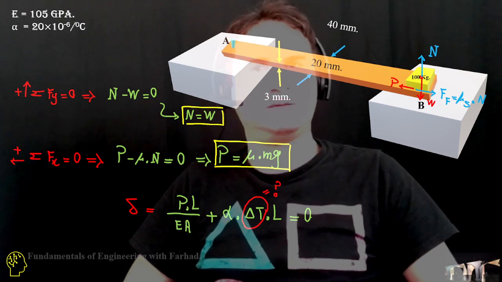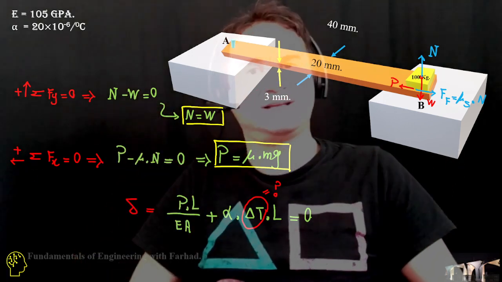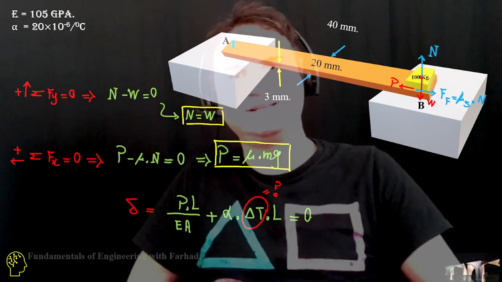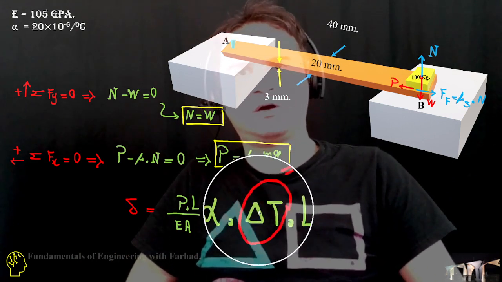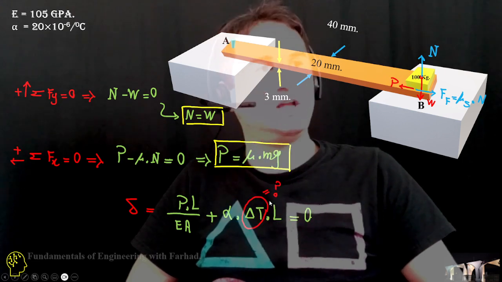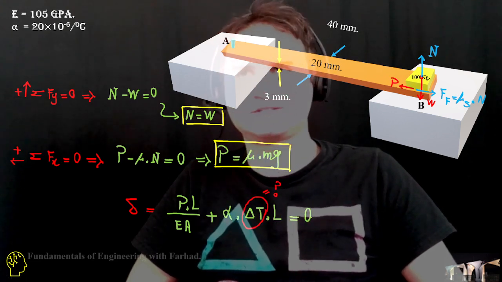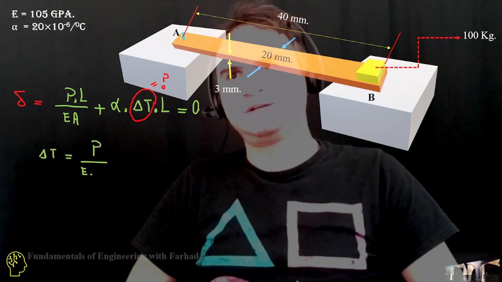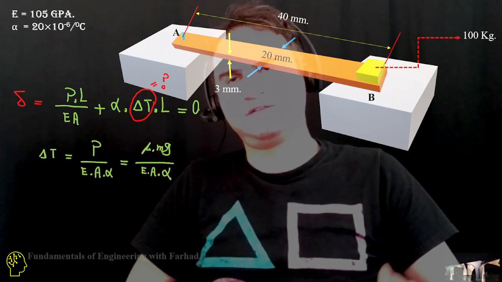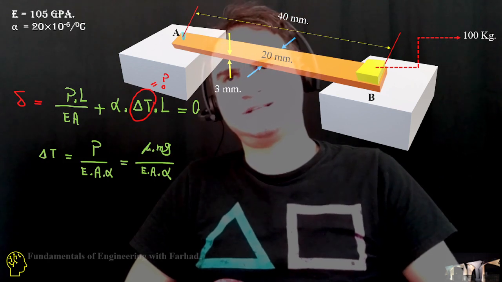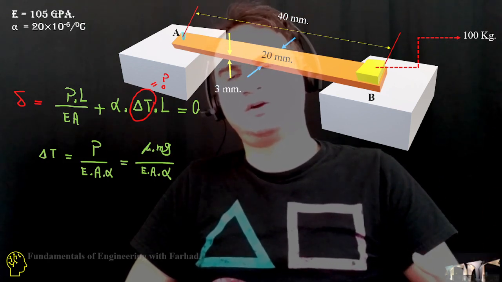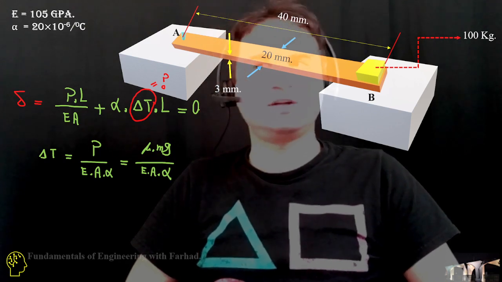Because it is fixed at both ends, there is no net displacement, so that should go to 0, and we can easily get the only unknown of our problem, which is the change in temperature. Flipping this equation, delta T is equal to P over E A alpha, and that's negative.